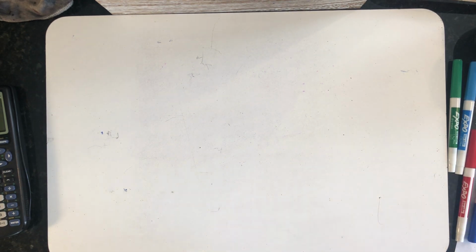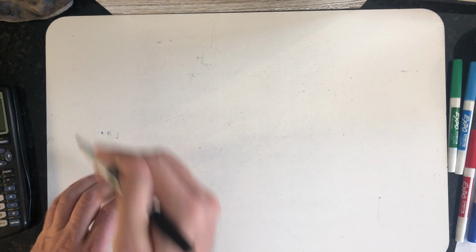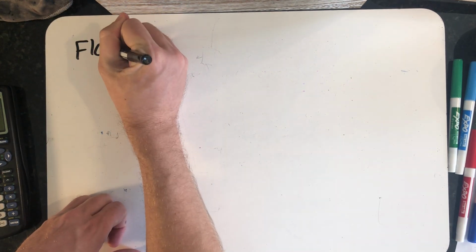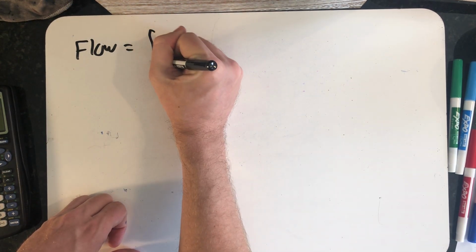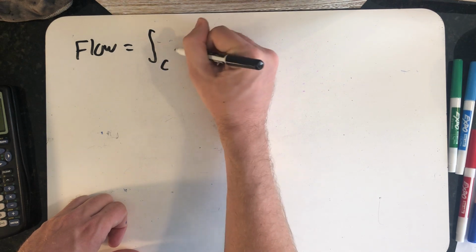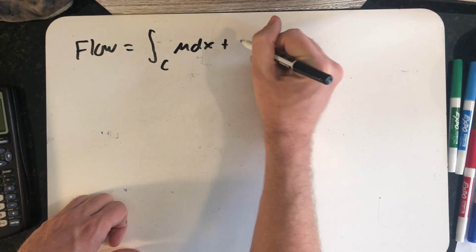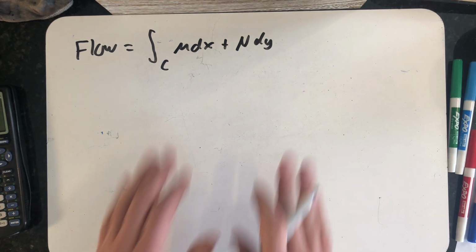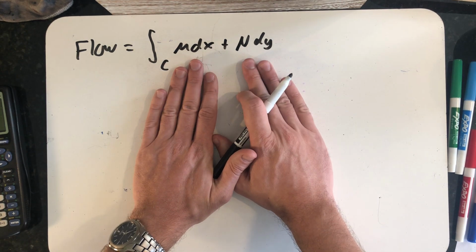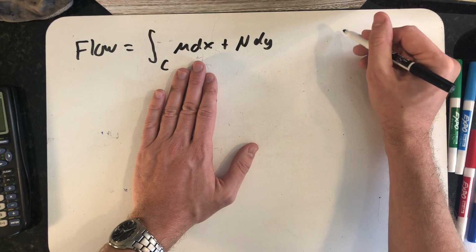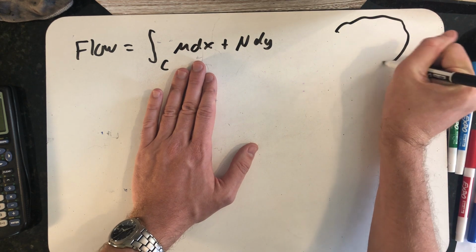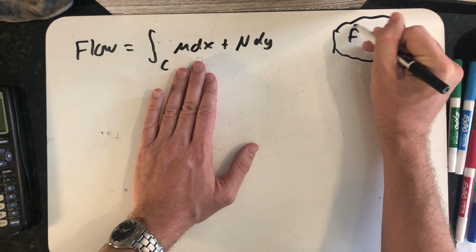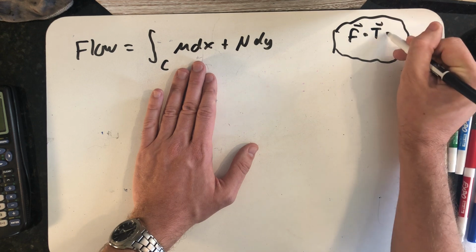So let's remember something about flow first. One of the ways in which we can evaluate a path integral is this way, which has already done the dot product in there for us. So M dx plus N dy is what results when I do the dot product. And let's just think over here about that integrand, the dot product of F dot T ds.